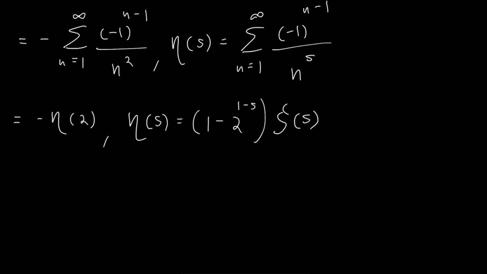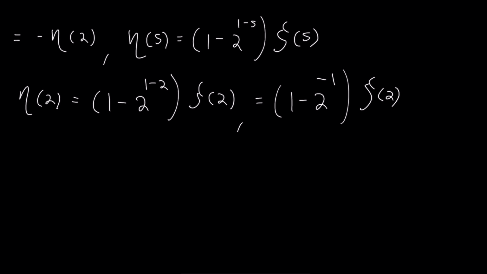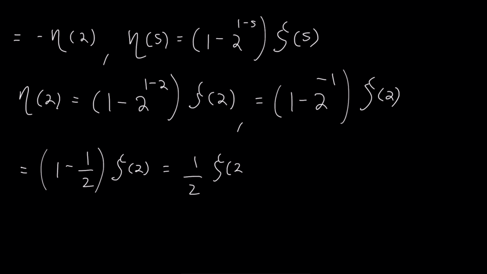And so we can compute eta(2). So eta(2) is 1 minus 2 raised to the 1 minus 2 power times zeta(2), which is equal to 1 minus 2 to the negative 1 power times zeta(2), which is equal to 1 minus 1/2 of zeta(2), which is equal to 1/2 of zeta(2).